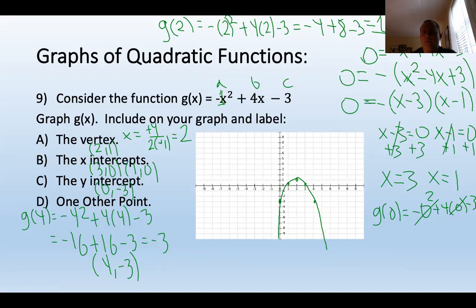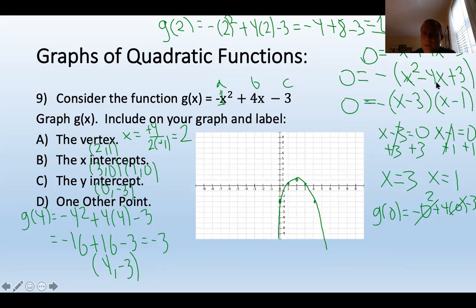And that's a quadratic equation that we can solve by factoring. So the way to factor that, since the leading coefficient is negative, I factored the negative out from the function, and when I did that, it changed all the signs inside the parentheses. So I ended up with negative and then x squared minus 4x plus 3.